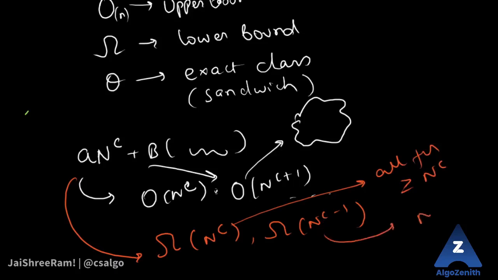So it's also true for n to the power c minus 1, because the higher order term over here is greater than this. But in theta, if you think of just polynomial functions, this is exactly theta of n to the power c. That's it, right?